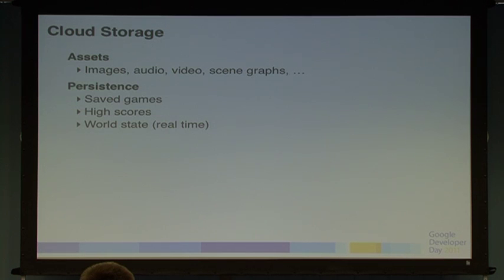And the other thing is state, like high scores, or global positions of where users are in a game, or maybe save games. Maybe I save my progress, I complete Angry Birds here on HTML, and then I want to go on my mobile device and do something like complete level 2.